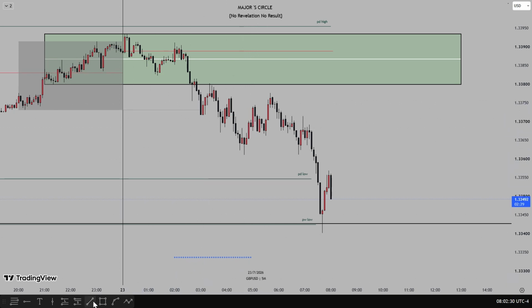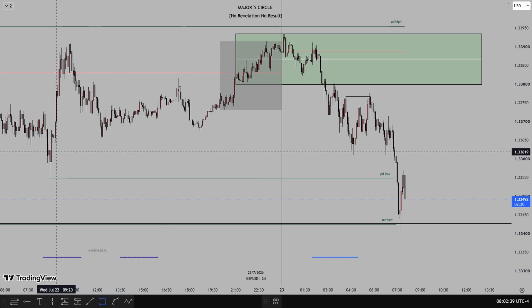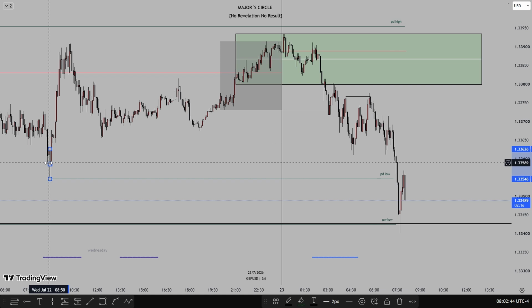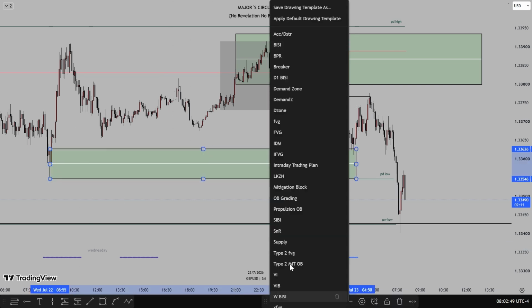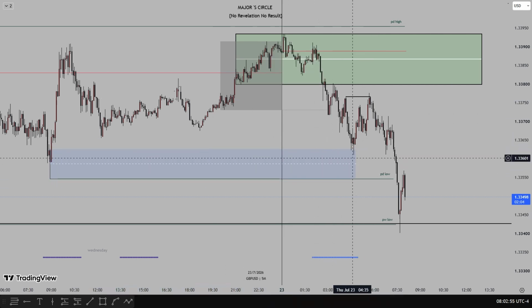So my attention was drawn to this level because if you're trading, you may be thinking that we are going higher. There are people who were anticipating this demand zone to hold or that bullish order block to hold, but little did they know that it was just a setup and it would eventually fail.